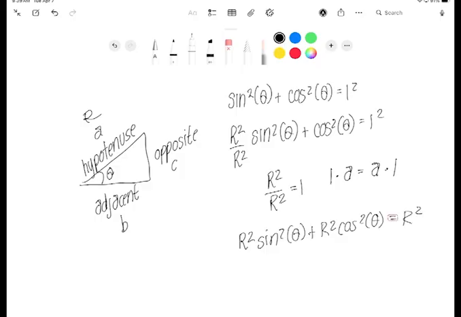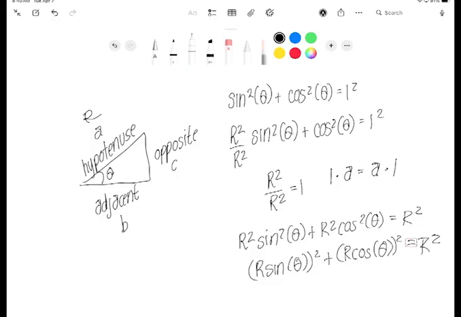And so now you just incorporate it. So you have r sine theta squared plus r cosine theta squared equals r squared. And so this is how we find this relationship.